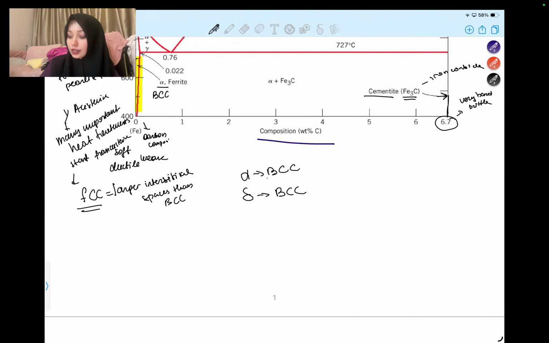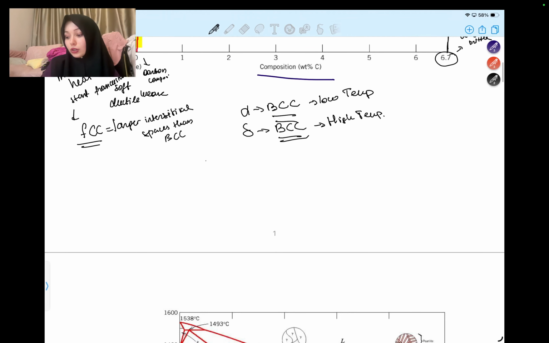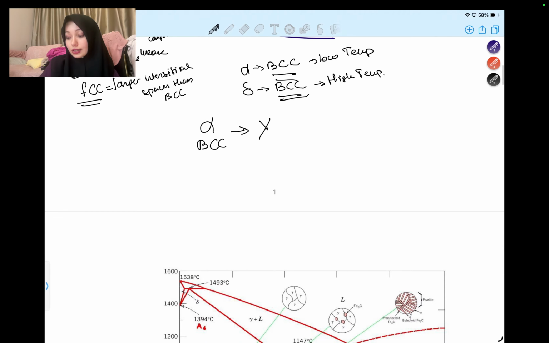Ferrite exists at low temperatures, and delta exists at high temperatures, but as you can see, their structure is the same. So as we heat the material, we go from alpha here, BCC, to austenite, which is FCC, and then we return back to BCC.